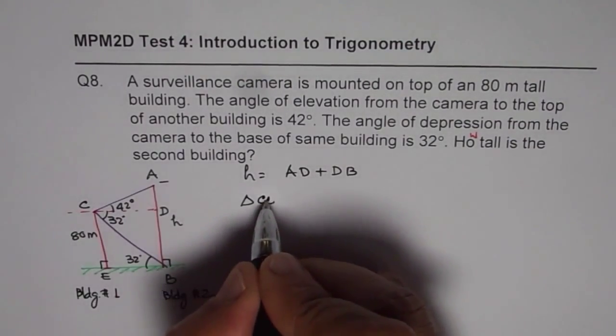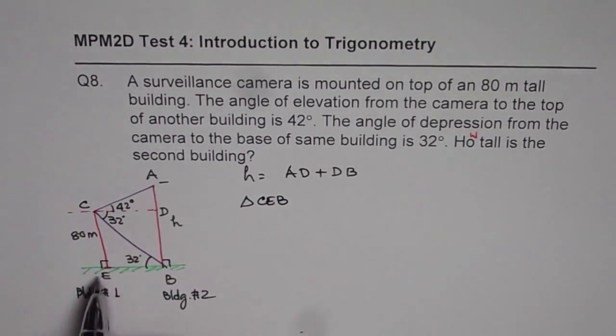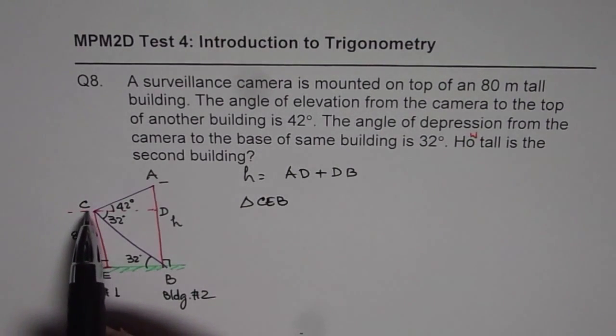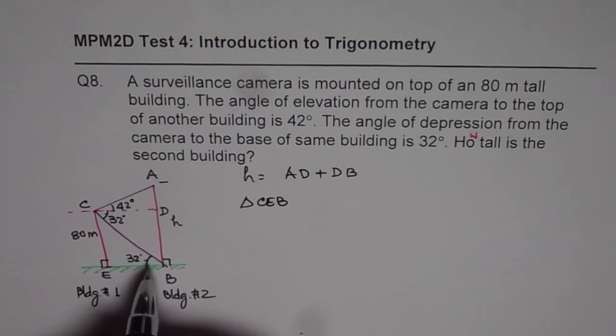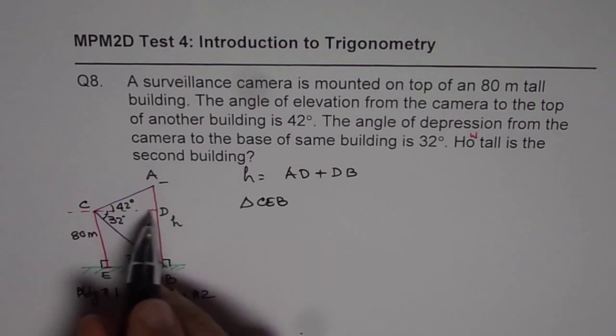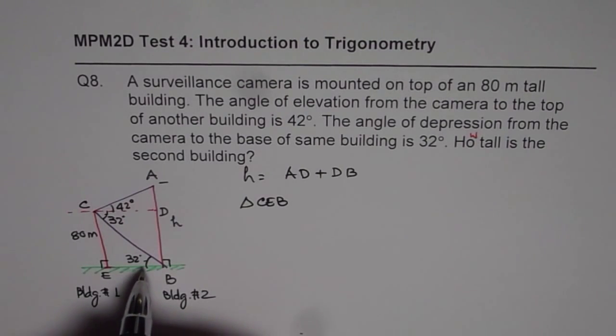So if you consider the triangle CEB, in this triangle we are given that the camera is placed 80 meters above the ground with an angle of depression of 32. So that makes this angle 32. These are alternate angles between parallel lines, correct? So therefore they are equal, right? Now solving this triangle, we can find EB.